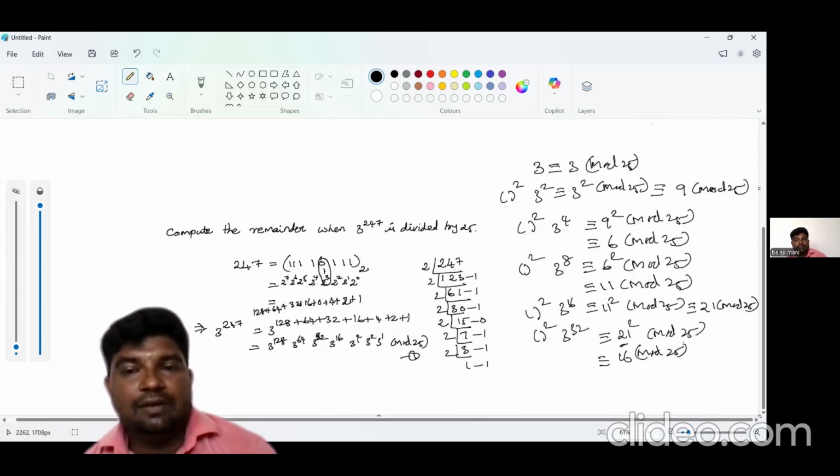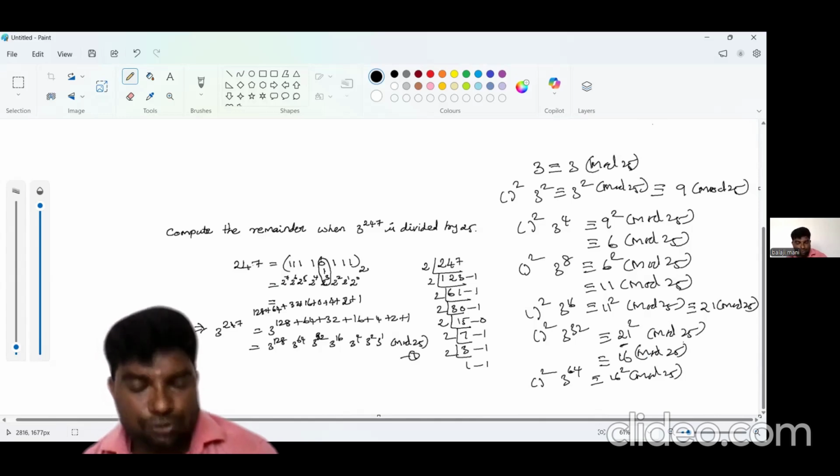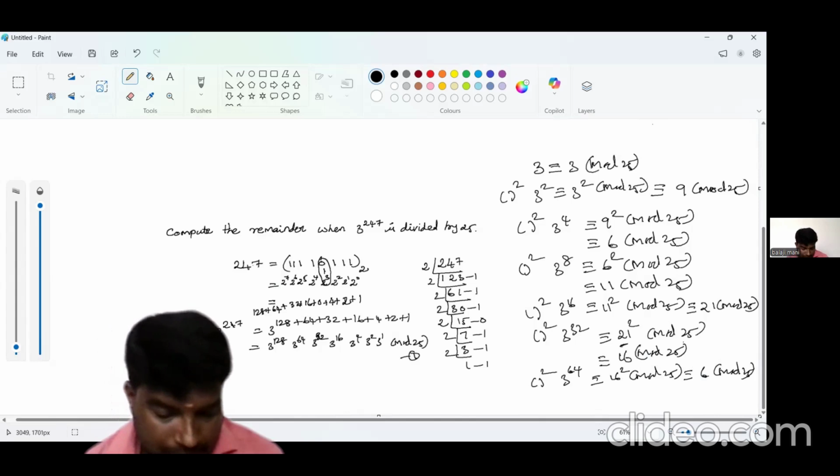Again increase the power. 3 power 64 is congruent to 16 squared, which is 256. Dividing 256 by 25 gives the remainder 6 modulo 25.